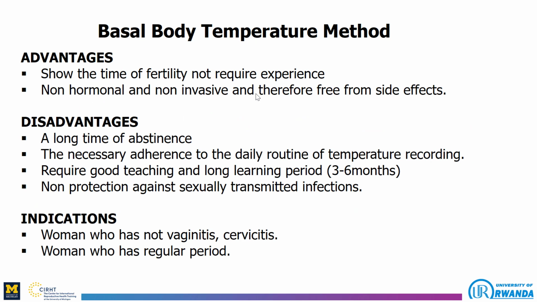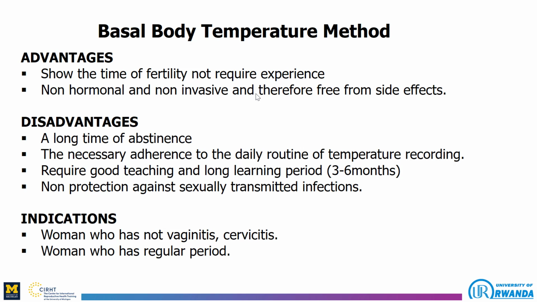Basal body temperature method, its advantages: it shows the time of fertility. It does not require any experience, uses no hormones, is non-invasive, and therefore is free from side effects. Disadvantages: it takes a long time of abstinence. It requires adherence to the daily routine of taking and recording temperature.